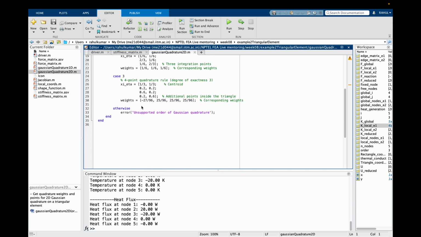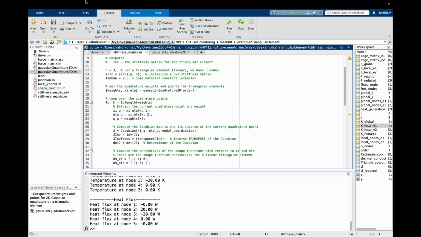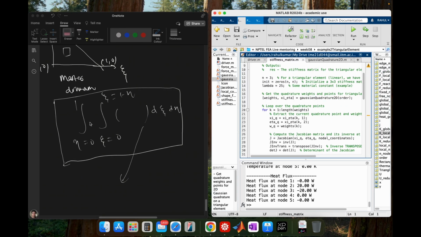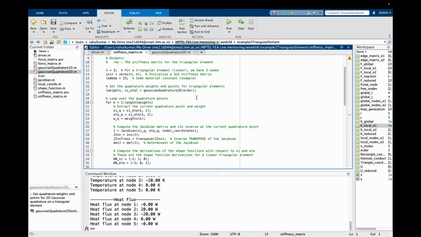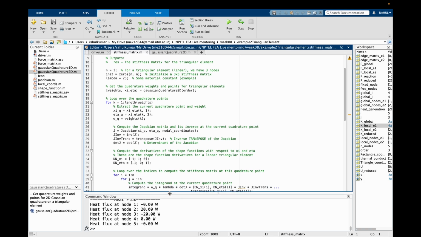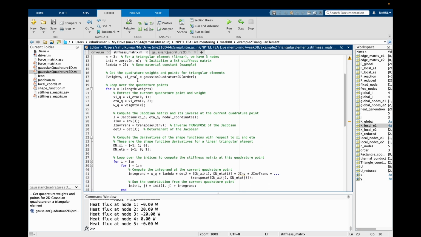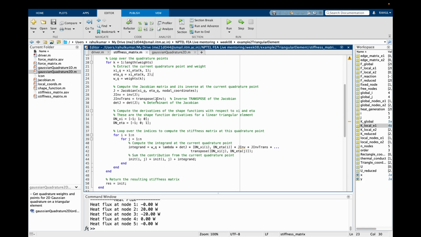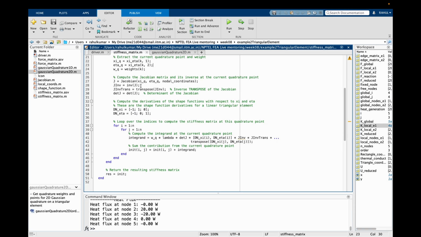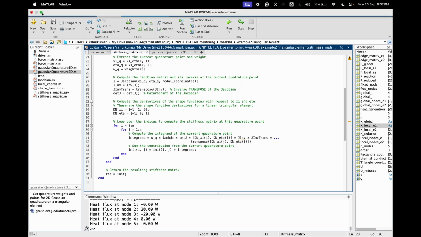For the 3 points, these will be the weights and these will be the coordinates, so we can directly use it. In that case we don't need to do the integration; we only need to convert the variable from the physical domain to the master domain. First it takes the xi eta value from the 2D Gaussian quadrature, and then it finds the Jacobian, the inverse Jacobian, and the Jacobian inverse transpose.